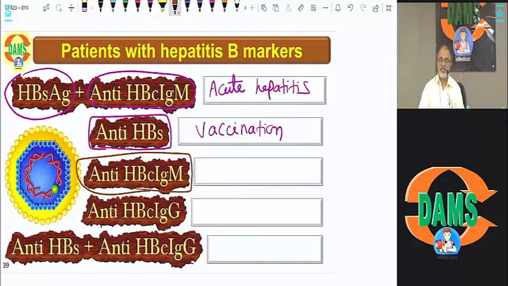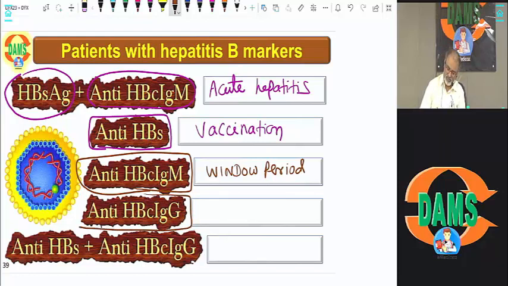It's called window period. Next is core antibody IgG present. Post infection.